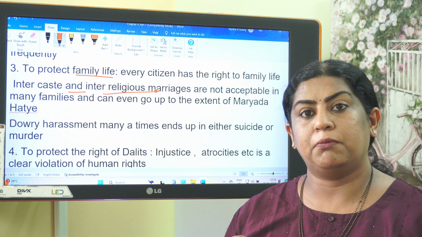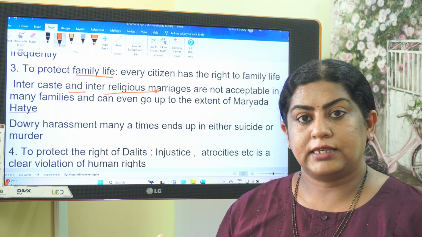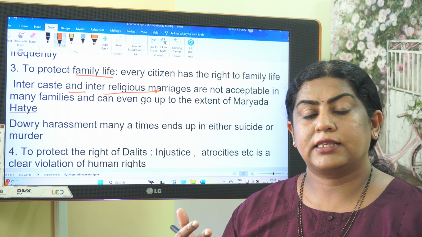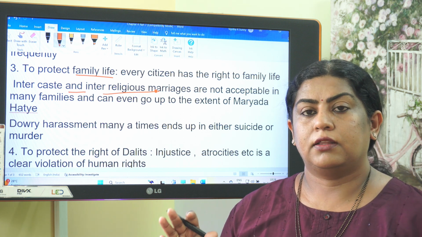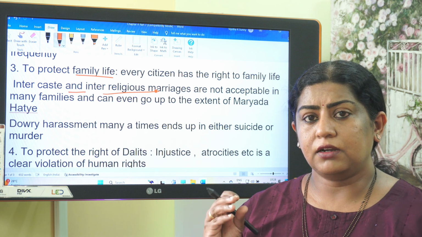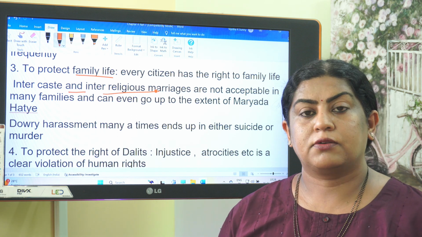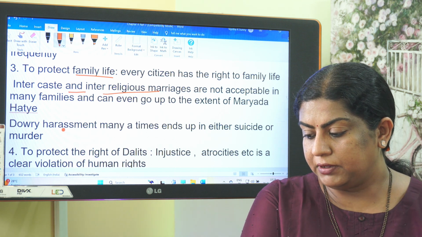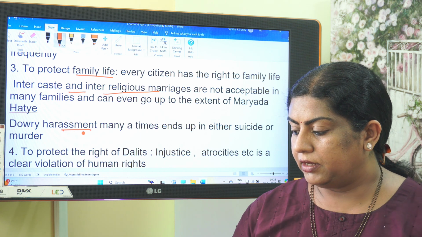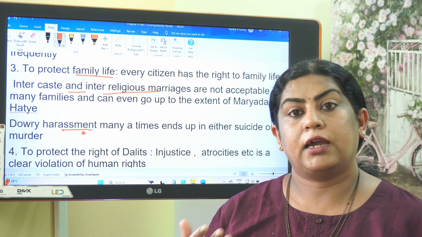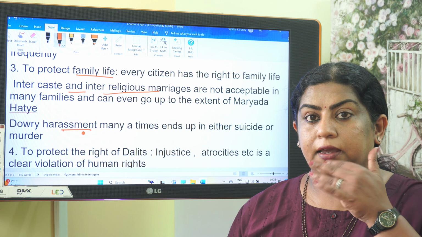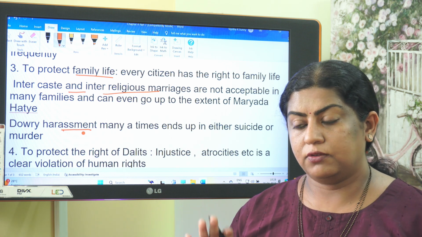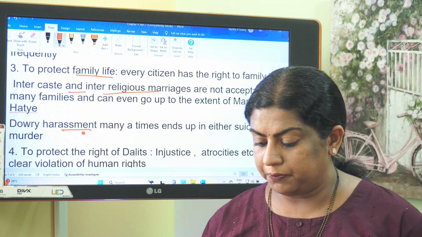That is, if any member of the family has done an intercaste or interreligious marriage, they even go to the extent of killing the person to protect the family's name or fame. Dowry harassment, many a time, ends up in either suicide or murder. So this is also a big issue.